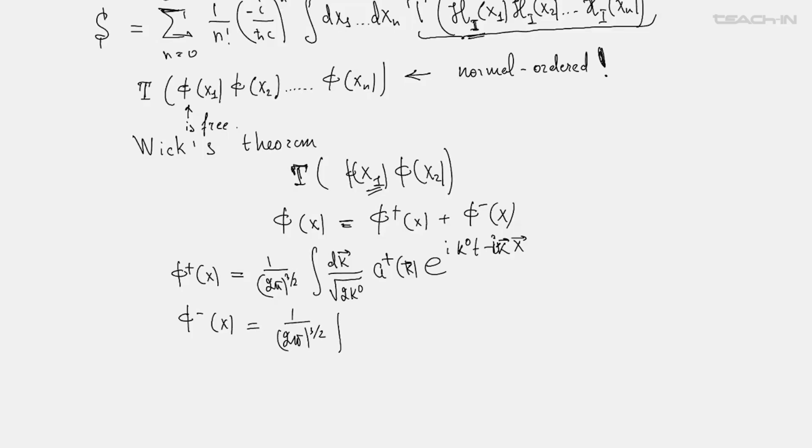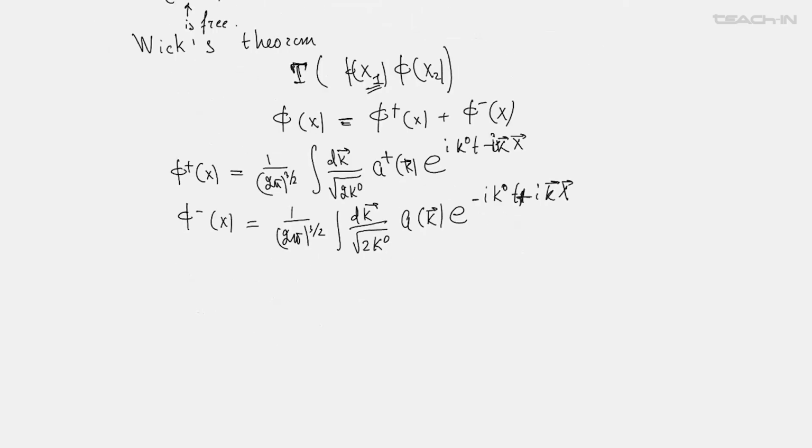A on k, and then exponential minus i k0 t plus i k x. k0, as I said, is just the square root of k squared plus m squared, the same as the frequency, and this is a positive quantity, so k0 is bigger than 0.